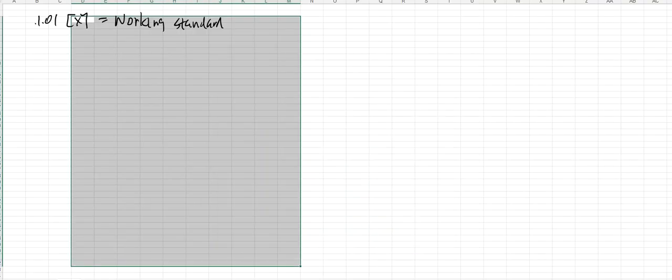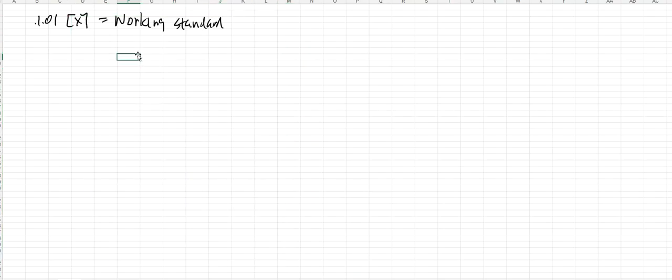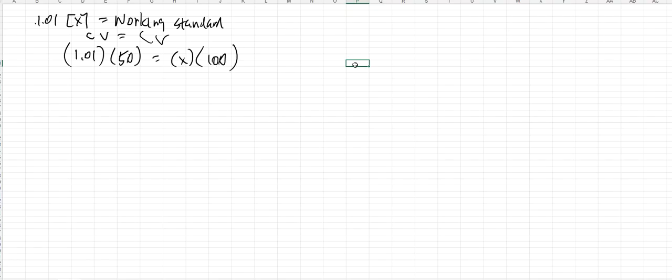So what this means is that we took 1.01, because that is my C1V1 equals C2V2. And in standard 6, we took 50 milliliters of that stuff. We want to know what is the new concentration if I diluted to 100 milliliters in total.